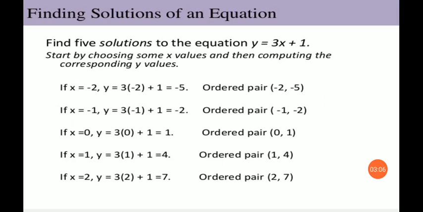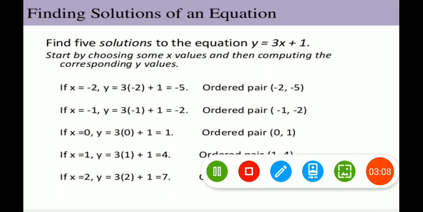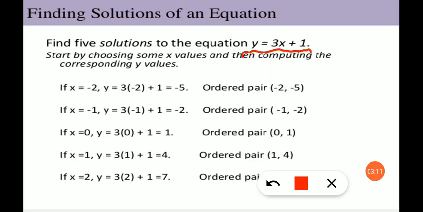For example, suppose the equation is y is equal to 3x plus 1. Then choosing different values for x, we can find different values of y, and it becomes a solution. For example, if x is equal to minus 2, we will get y is equal to minus 5, and hence one solution will be (minus 2, minus 5), and it is an ordered pair.